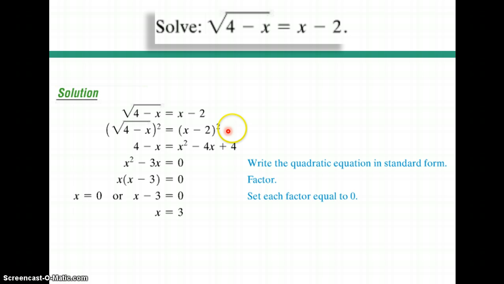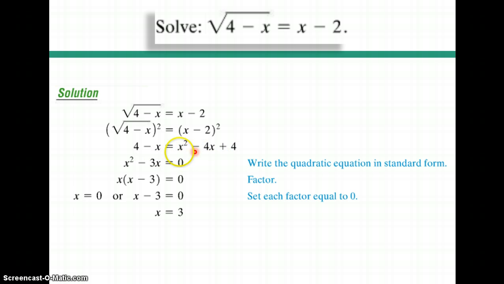So either we can use FOIL method to find the value of x minus 2 whole square, or we can use a minus b whole square. So we have 4 minus x equal to x square minus 4x plus 4.